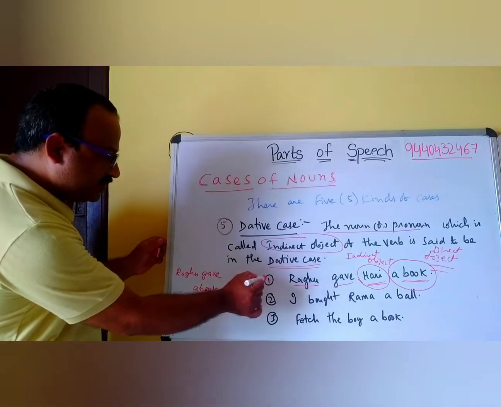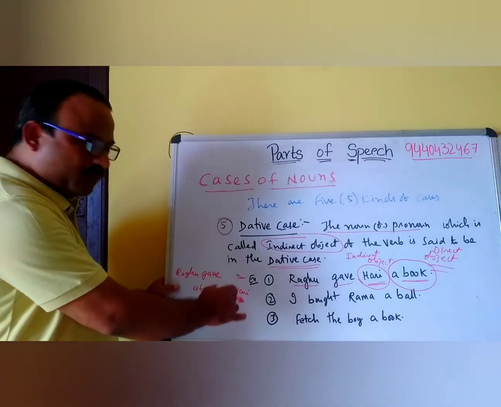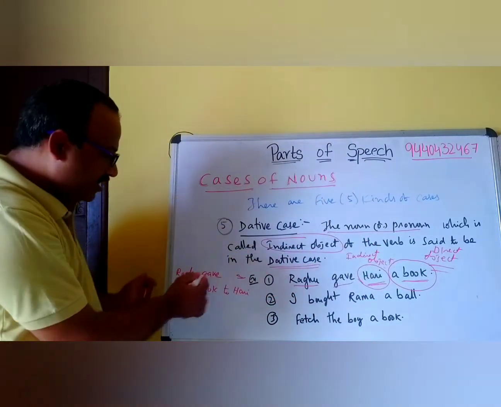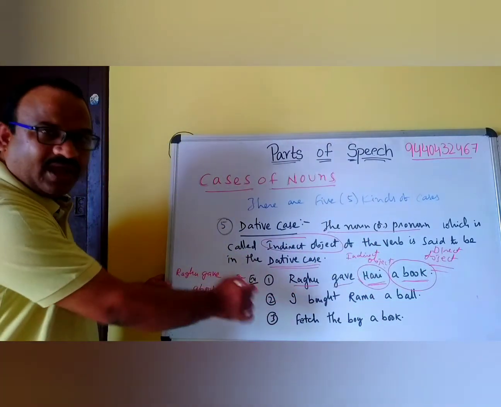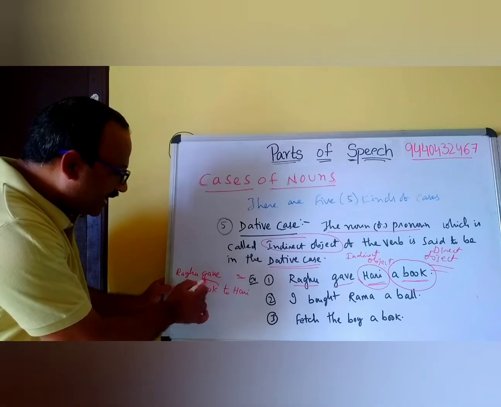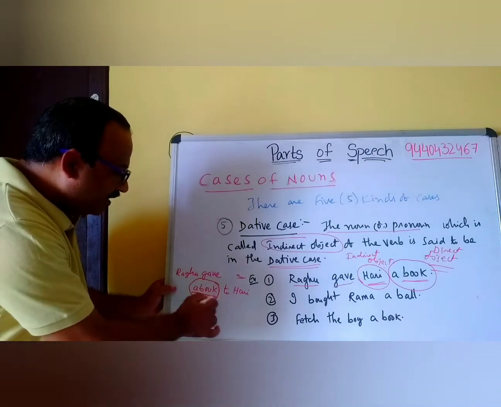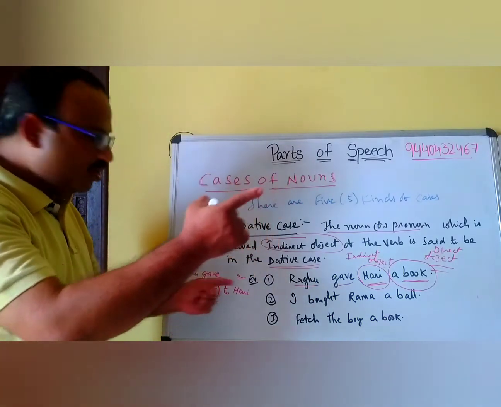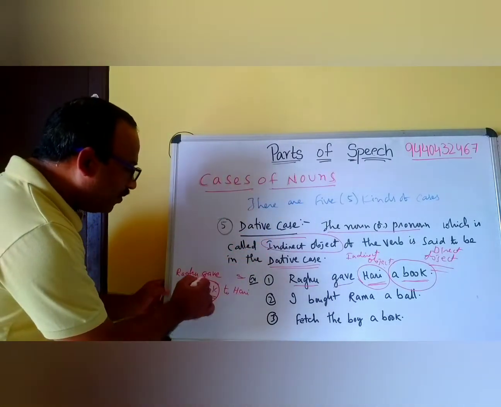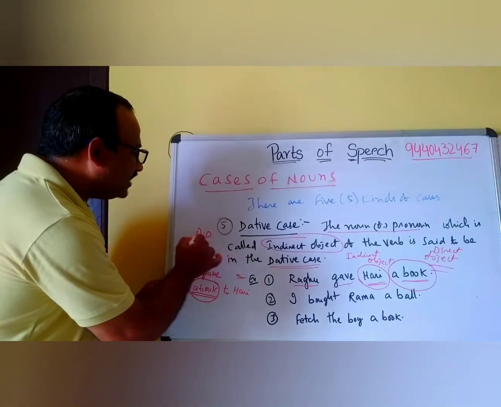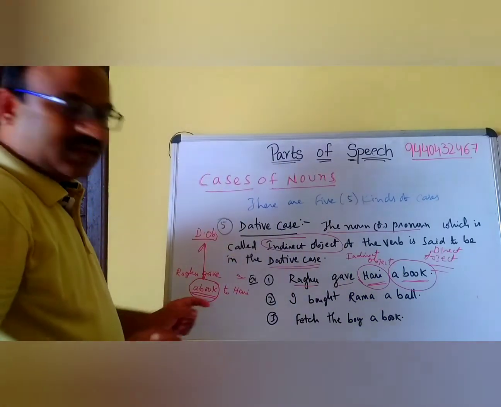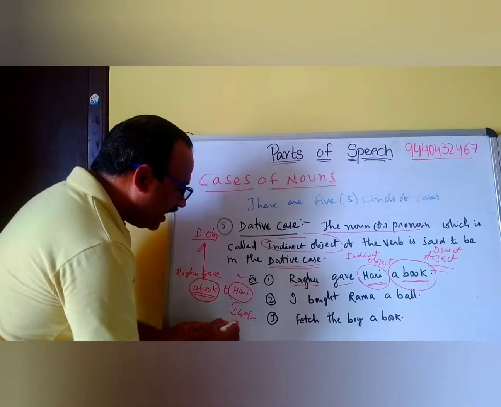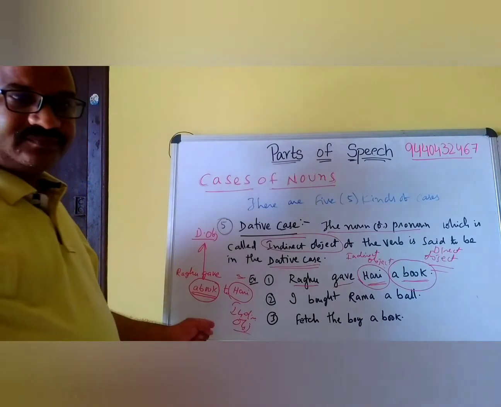Raghu gave Hari a book means Raghu gave a book to Hari. So, a book is the direct object. Hari is the indirect object.